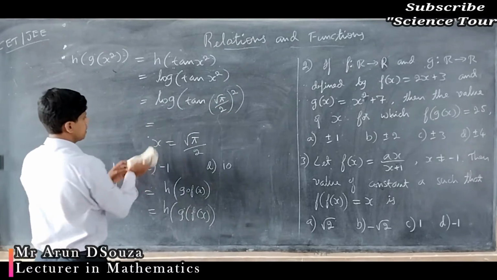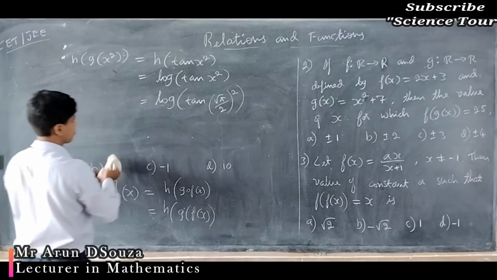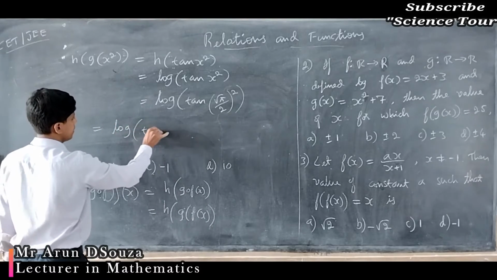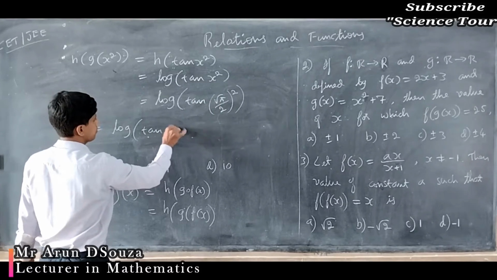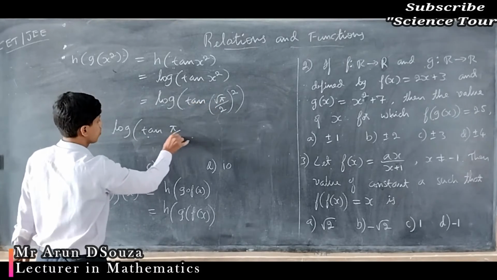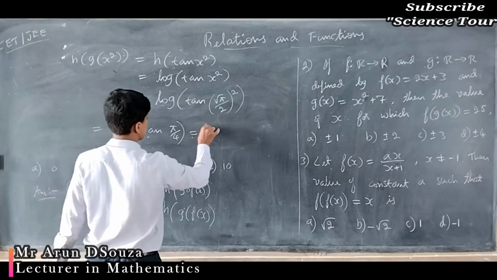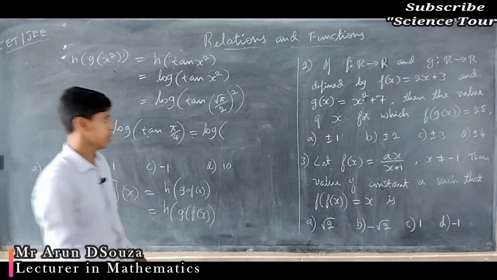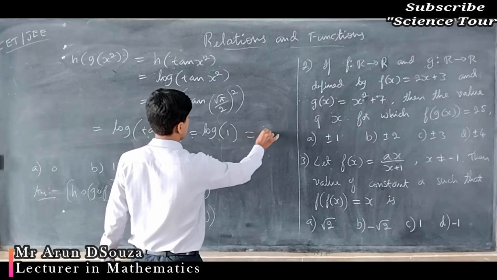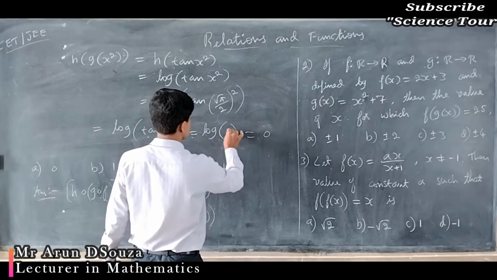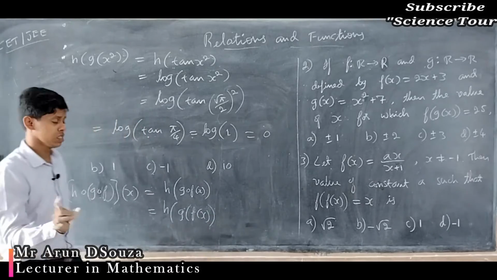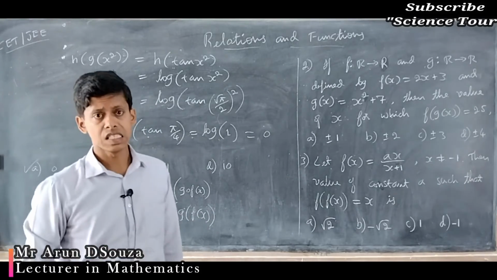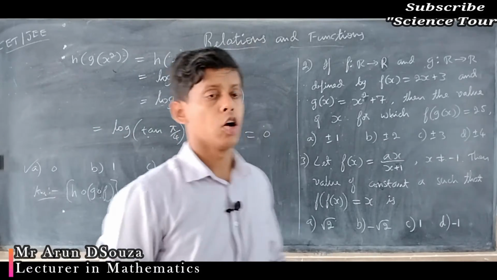That is log of tan of pi by 4, since root pi by 2 squared is pi by 4. And what is tan pi by 4? Tan 45 is 1. So this is log 1, and log 1 to any base is 0, and hence the first option is the right option.